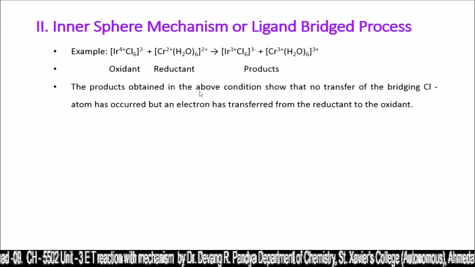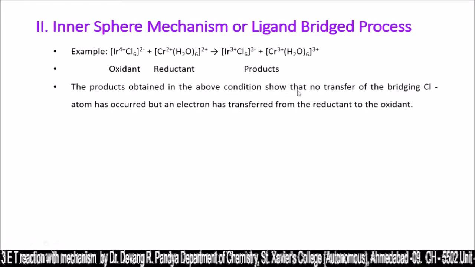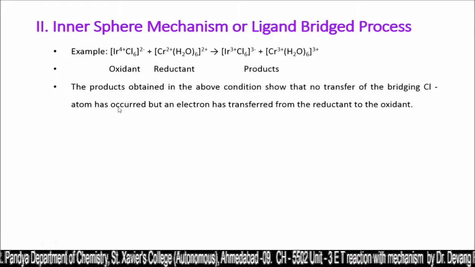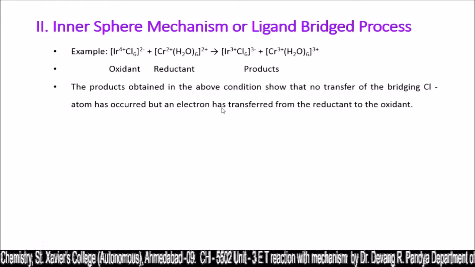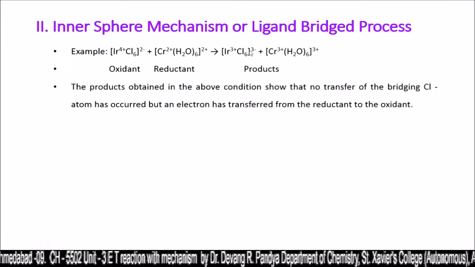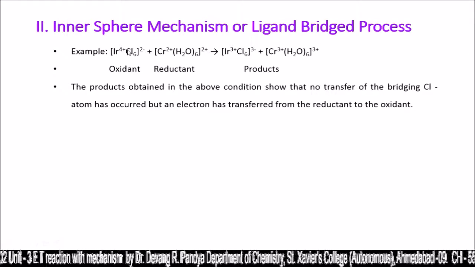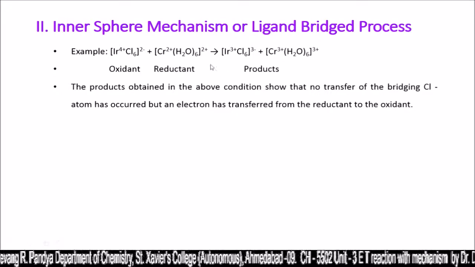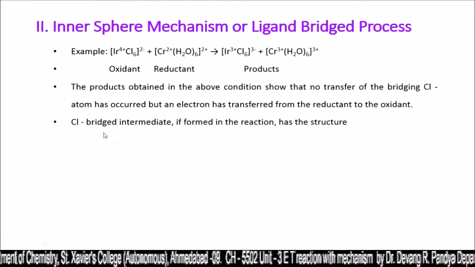In the product obtained in this condition, no transfer of bridging chloride atom has occurred, but the electron has transferred from reductant to oxidant. So here the bridging ligand has not changed from reactant to product side.